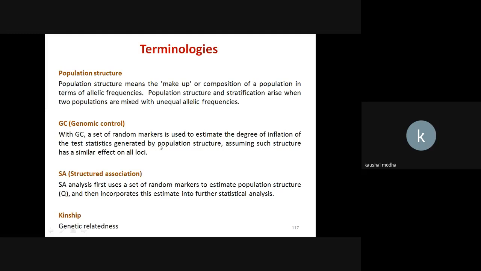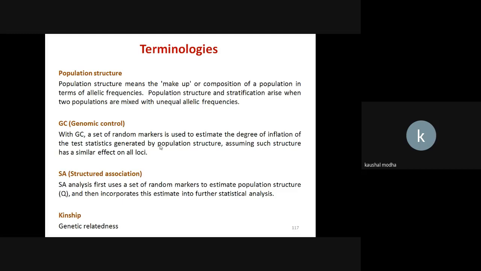If you utilize random markers and if you find association between marker and trait, then it indicates false association because you are utilizing random markers. These random markers are not associated with the trait, or you don't have prior information that they are associated.